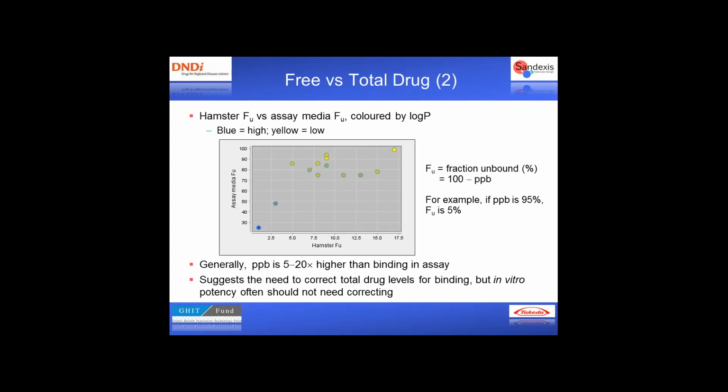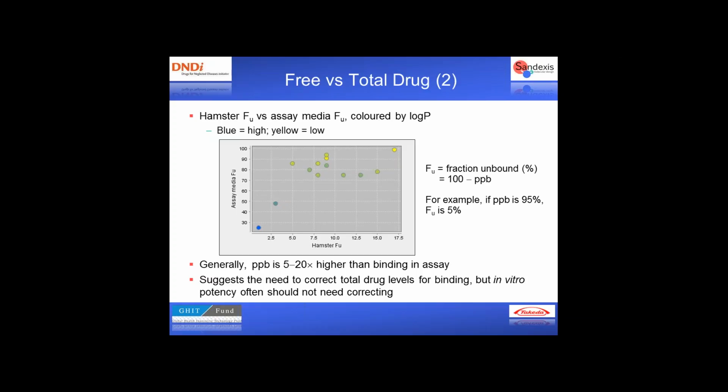So, for example, if plasma protein binding is 95%, fraction unbound is 5%. So on this plot we've got assay media binding on the y-axis. This is the assay media used for the L. infantum amastigote assay, and on the x-axis we've got hamster plasma protein binding, so fraction unbound in hamster plasma.